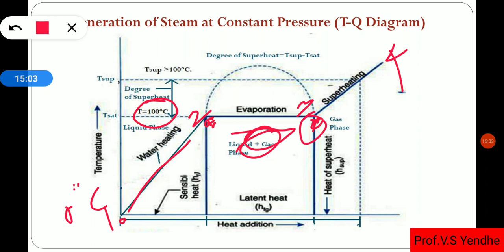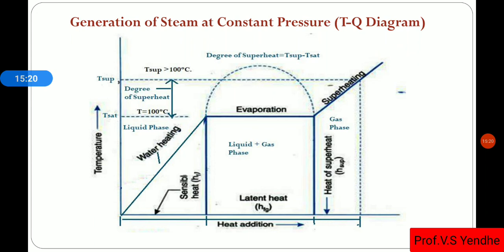Then after heating for some period, that steam is converted into dry superheated steam at point number 4. Then what is exactly the degree of superheat?